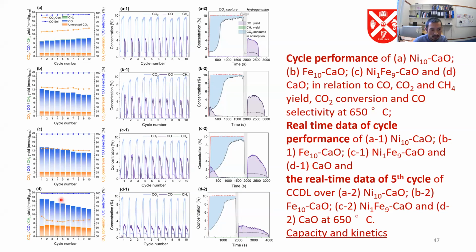We can see that the iron-based material has better CO2 capture and CO production than the nickel-based. And for the bottom one, although the capacity is quite high, the reaction kinetics, or the reaction speed, is quite slow compared to the top three with nickel and iron.